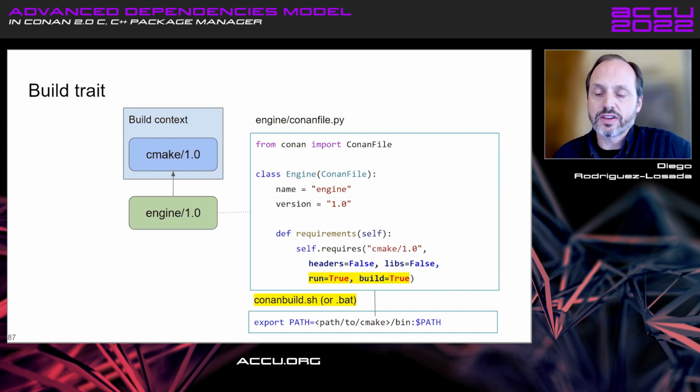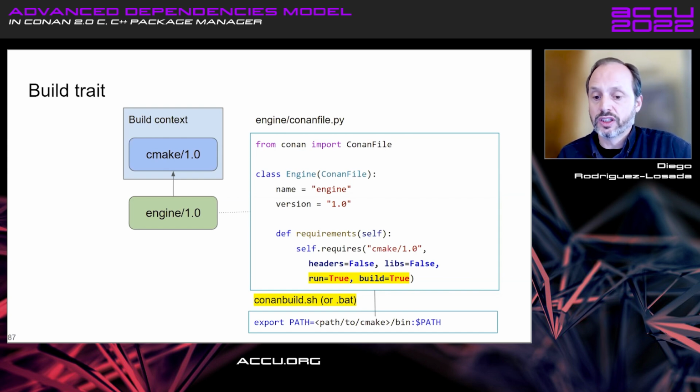This is the meaning of the build trait: it will get the configuration from the build context. And being in the build context, it will typically by default also get run equal true. This is typically a tool require, something you want to run, an executable that you want to run in your build.